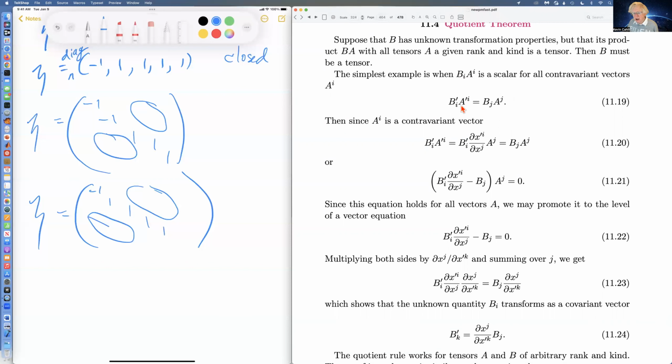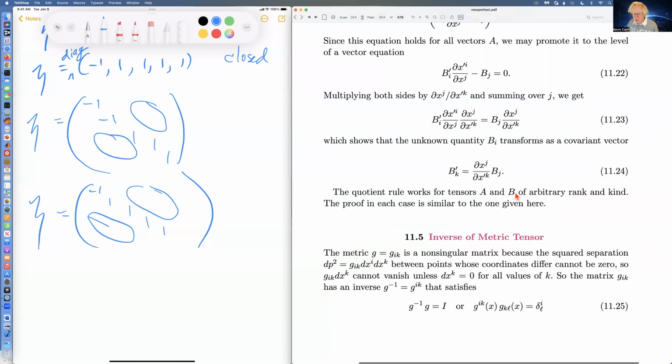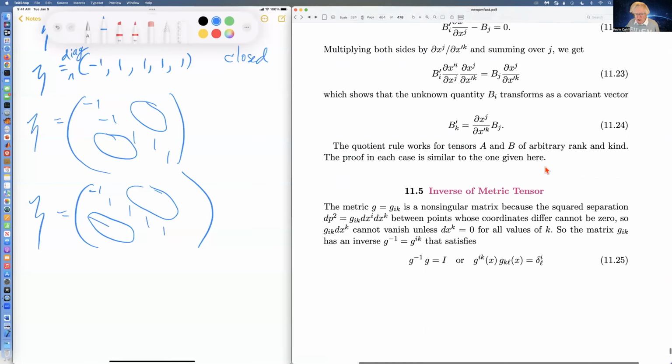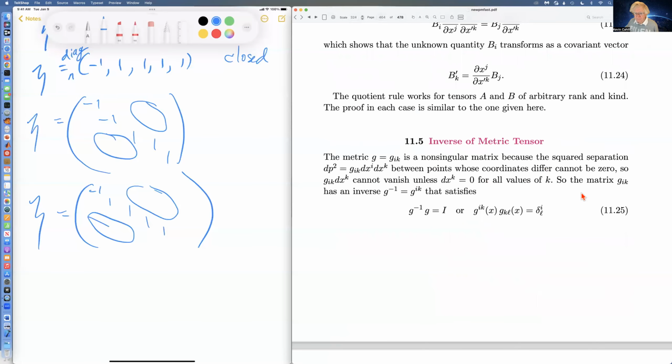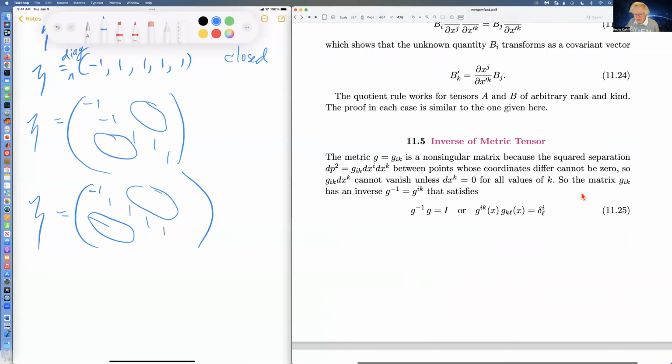So B prime I, A prime I is BJ, AJ. Then you can show that B prime K is related to BJ by a formula that says that B is a covariant vector. This quotient rule works in general, and it's very useful.